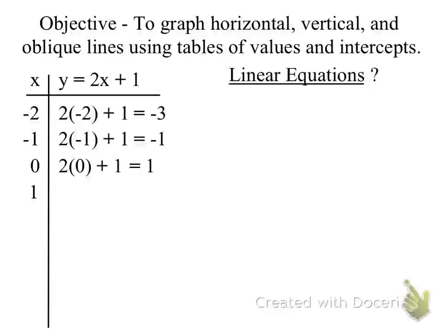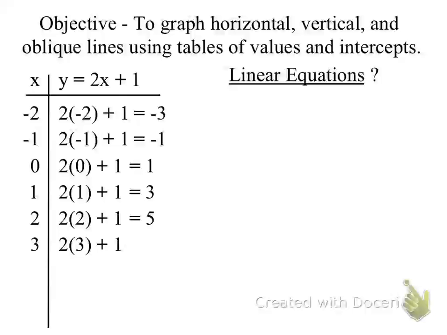When I choose 1, I get 3. When I choose 2, I get 5. And when I choose 3, I get 7. I can keep going. I can pick an unlimited amount. I can even pick a fraction.